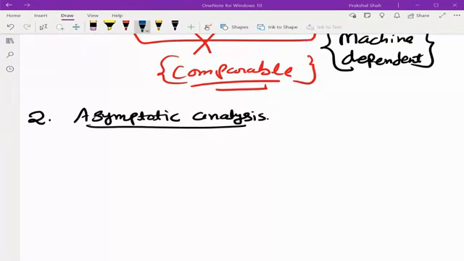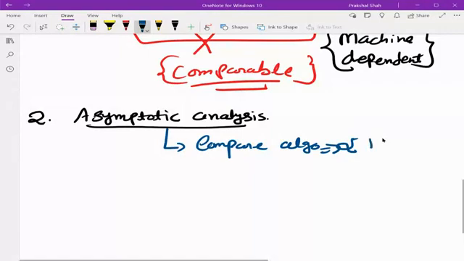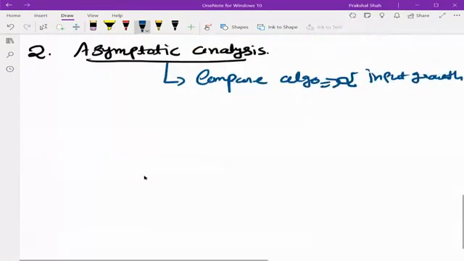That we have to compare algorithms based on the input rate of growth, based on the input growth of the algorithm.